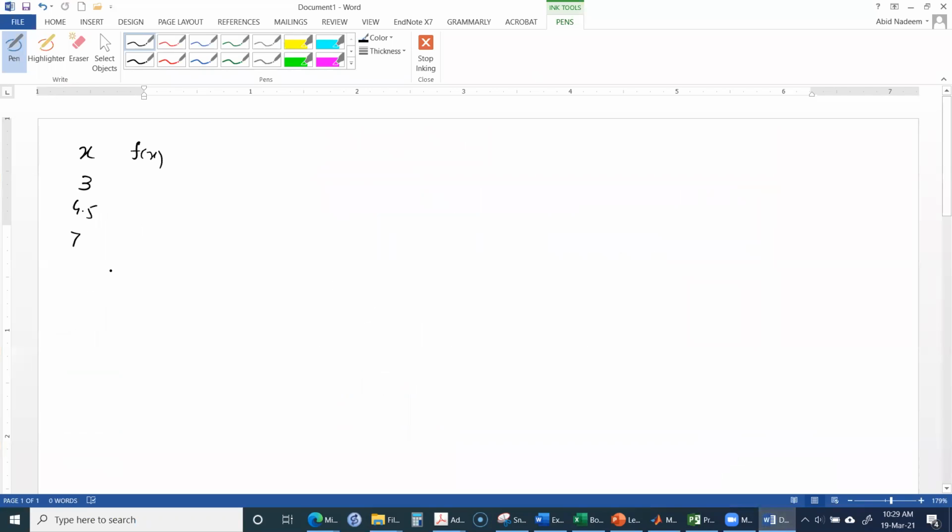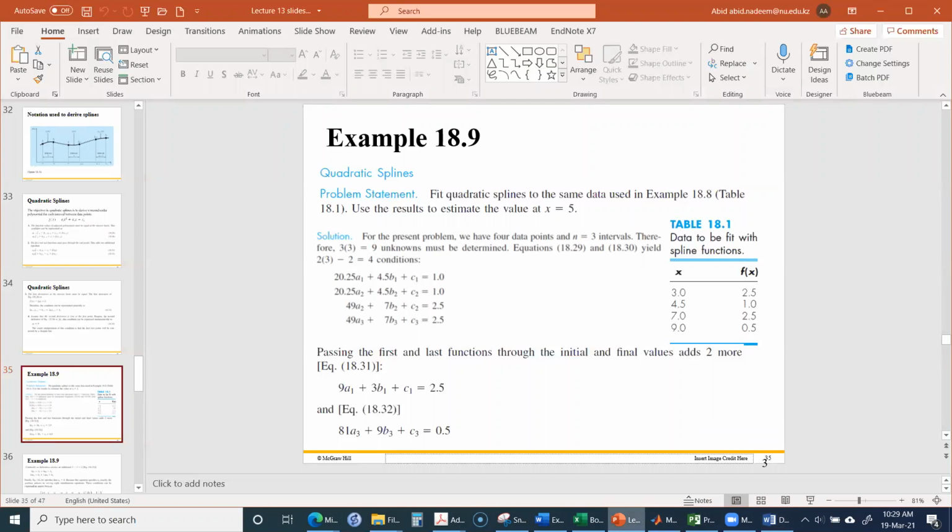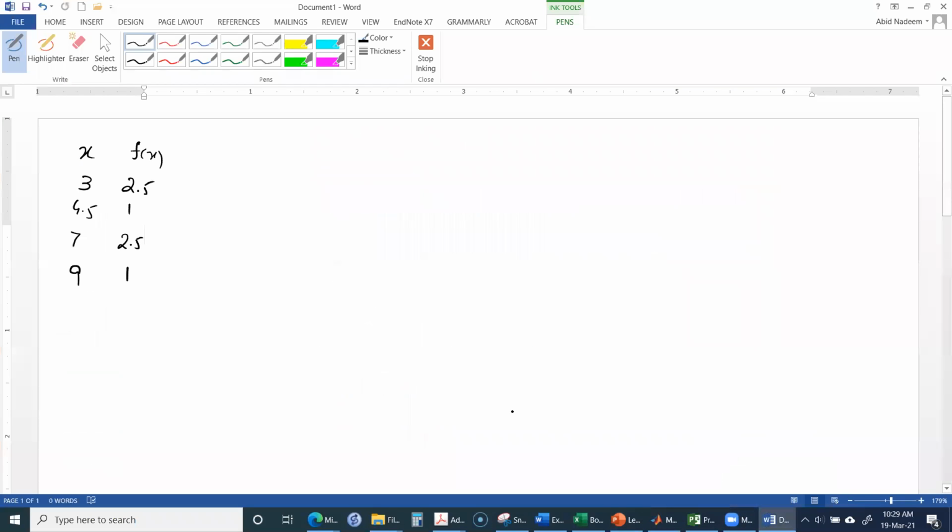And then f of x values are 2.5, 1, 2.5, and the last one is 0.5. Okay, so these are the points.